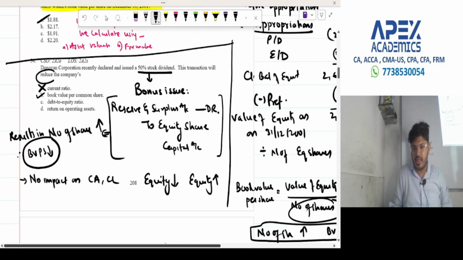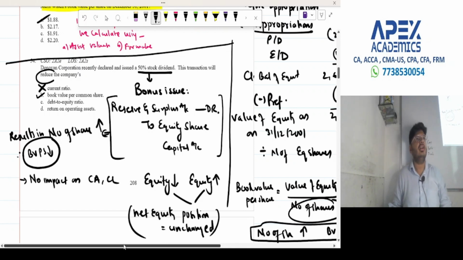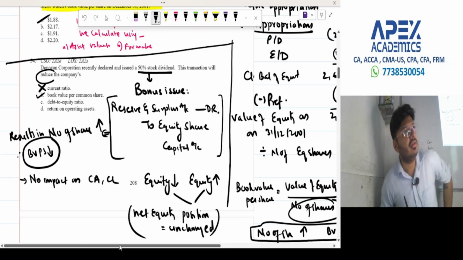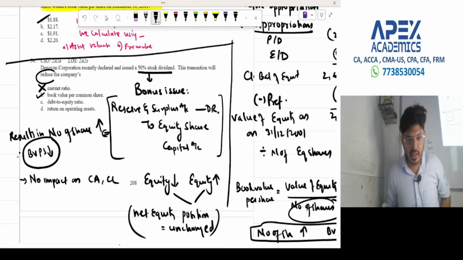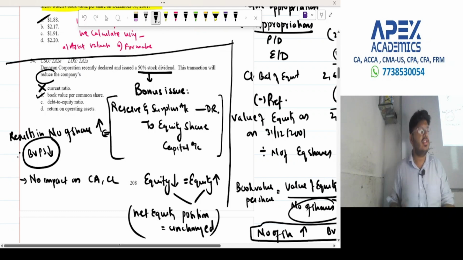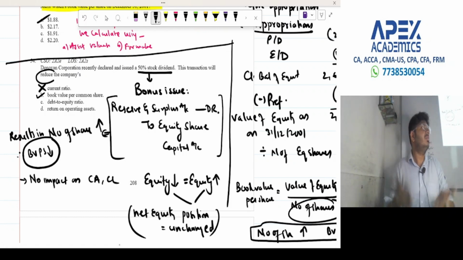Because of this, can I say that net equity position here is unchanged? Would I be correct when I make this statement? Yes or no? Please tell me that. Why would I be correct? Because reserves have reduced and equity has increased. So the reduction is equal to the increase. In this scenario, आपका 2 रुपया कम हो गया, 2 रुपया बढ़ गया. मतलब क्या हुआ? ओरिजिनल पोजीशन चेंज नहीं हुआ है.